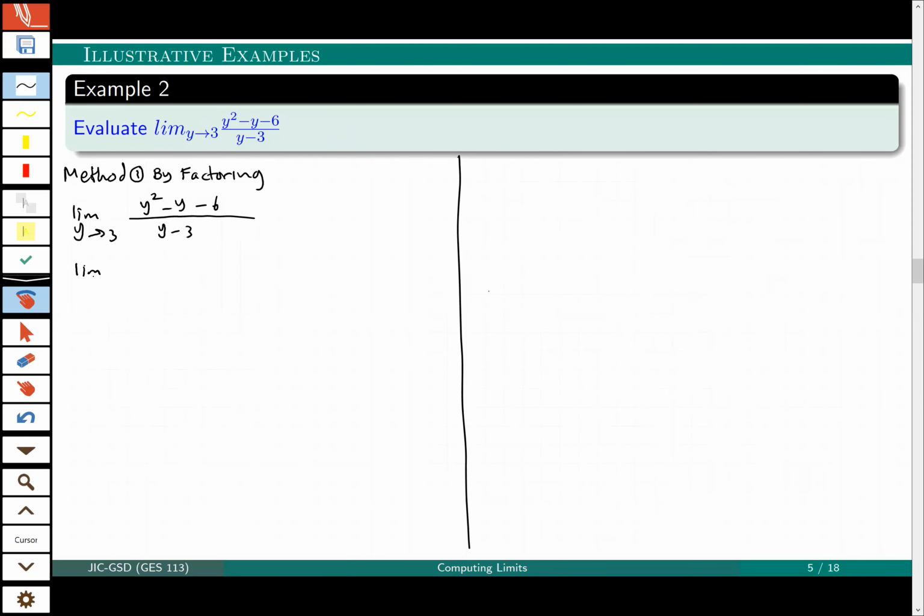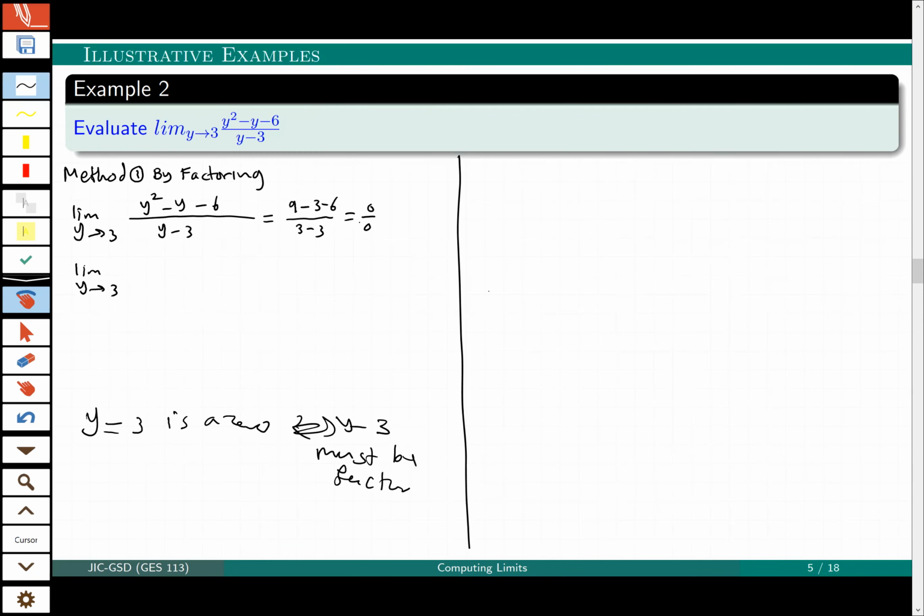As the factor theorem says, y equal to 3 is a 0 if and only if y minus 3 is a factor. Which means when I substitute y equal to 3, I'll get 9 minus 3 minus 6 over 3 minus 3. That is 0, means y equal to 3 is a 0. That will mean I must have y minus 3 as a factor.